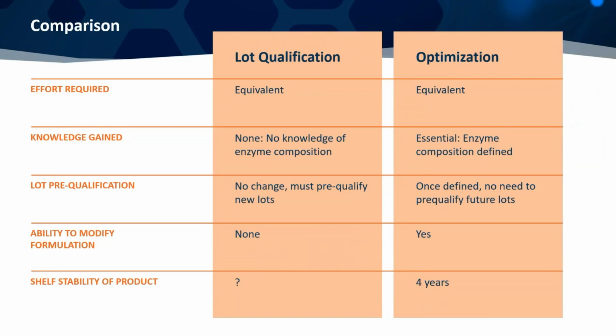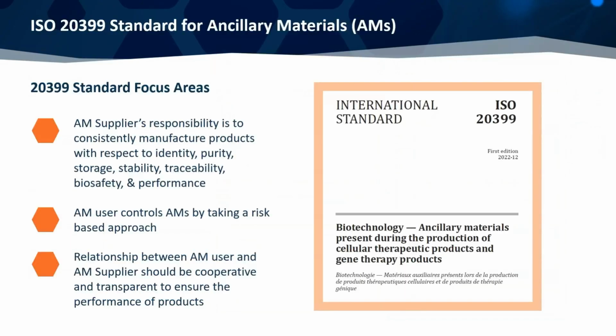So I want to end on this one note. Why is this all relevant? It's all relevant because there was a new standard published for insulator materials, the 20399 standard, and the supplier's responsibility is to consistently manufacture products. And the important thing is so that you get consistent performance.